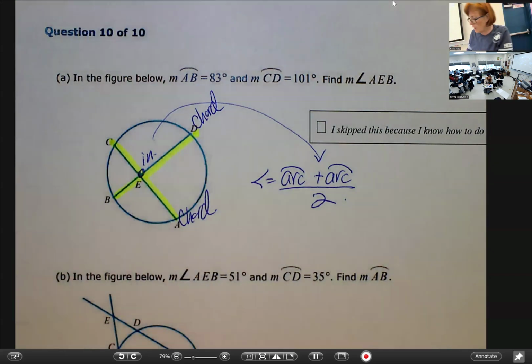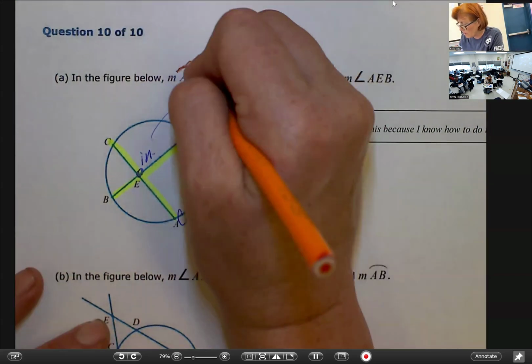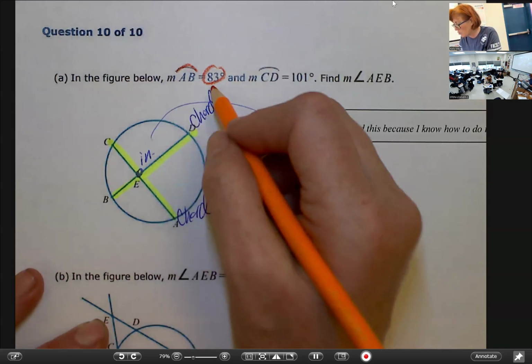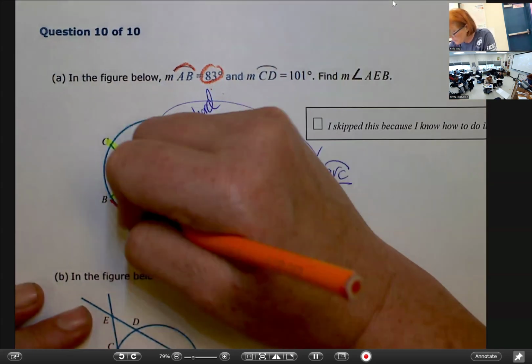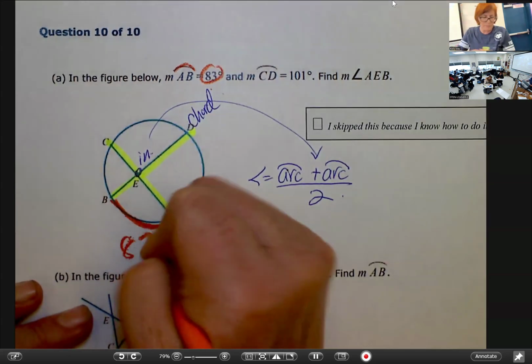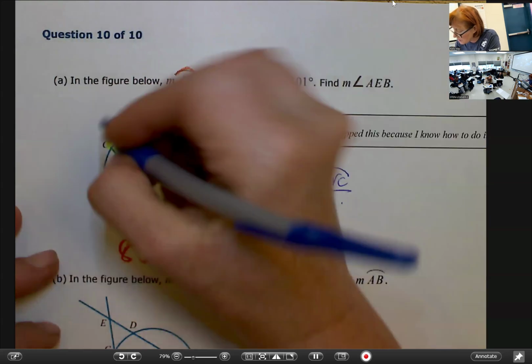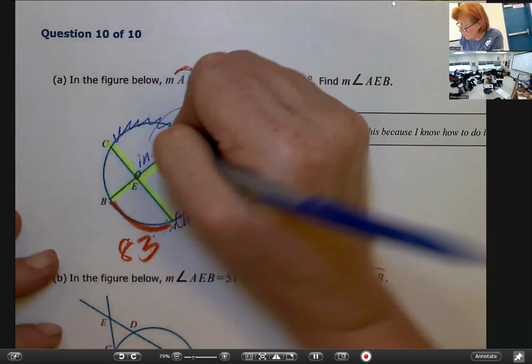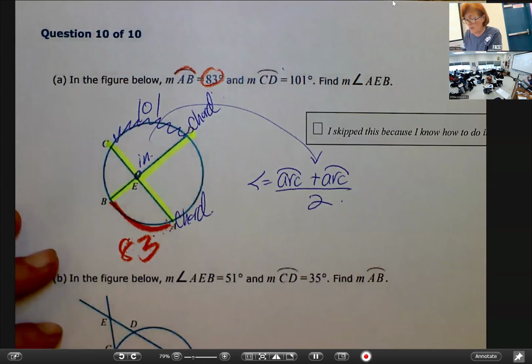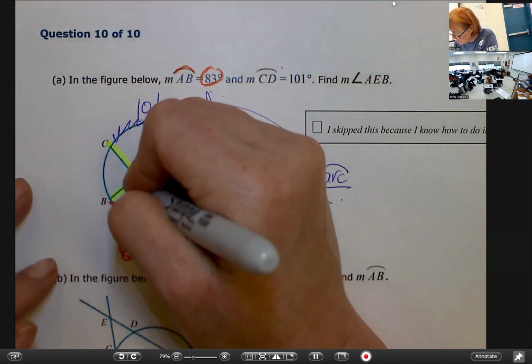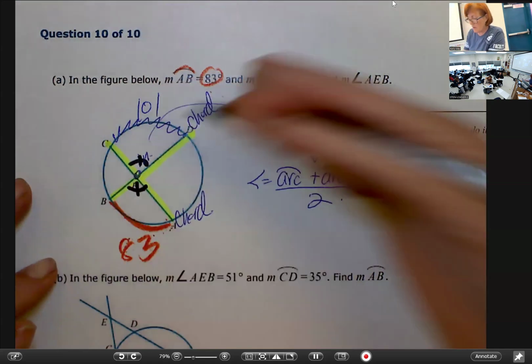We're going to go ahead and it says the arc is 83, and that is A to B. And then here we have C to D is up here, and that's 101. And it's asking for the angle AEB, which is this angle, which is the same as that.